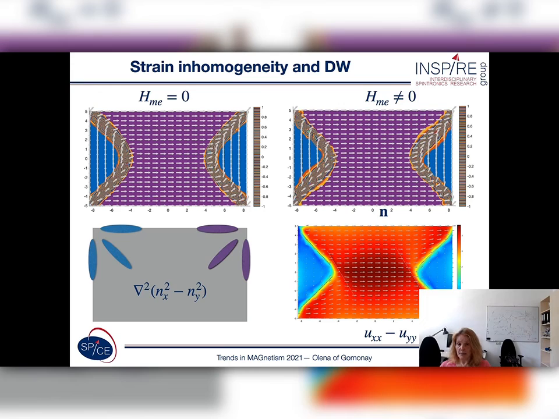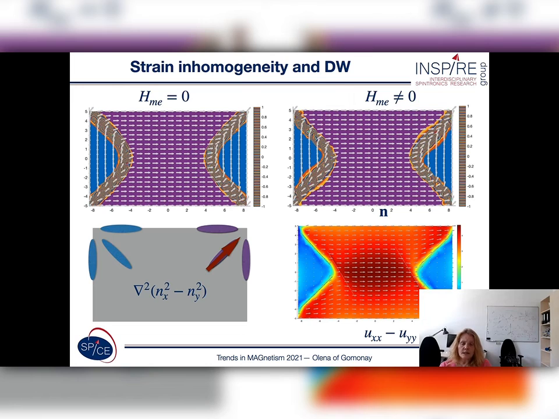shown by ellipses. What is interesting is that this orientation of the strain is different in the left and the right corner. Such distribution of strains correspond to the partial disclination, and the sign of the disclination in the left and the right side is different.